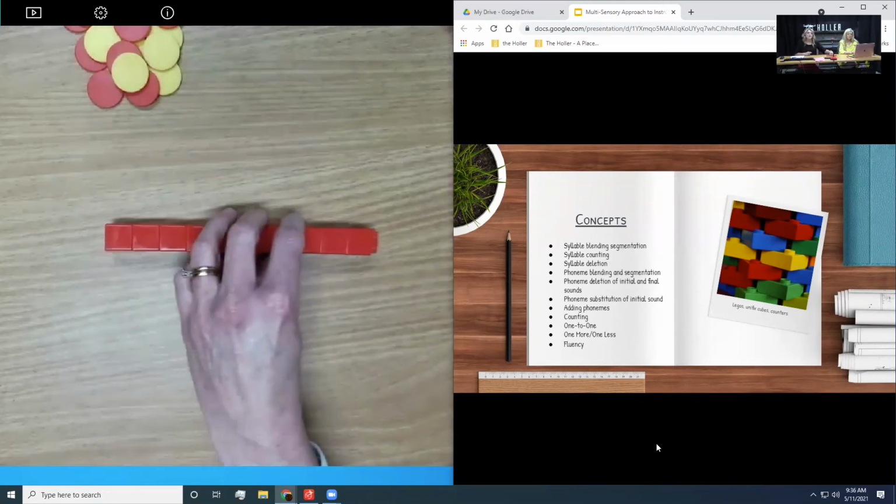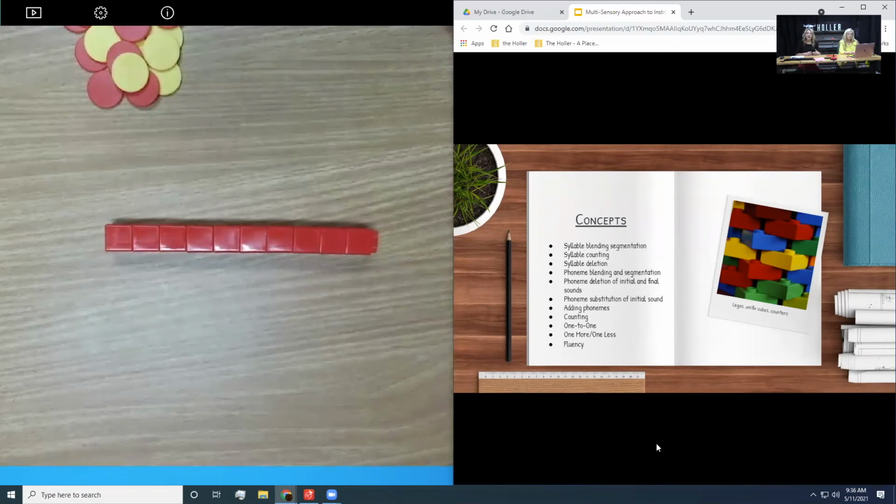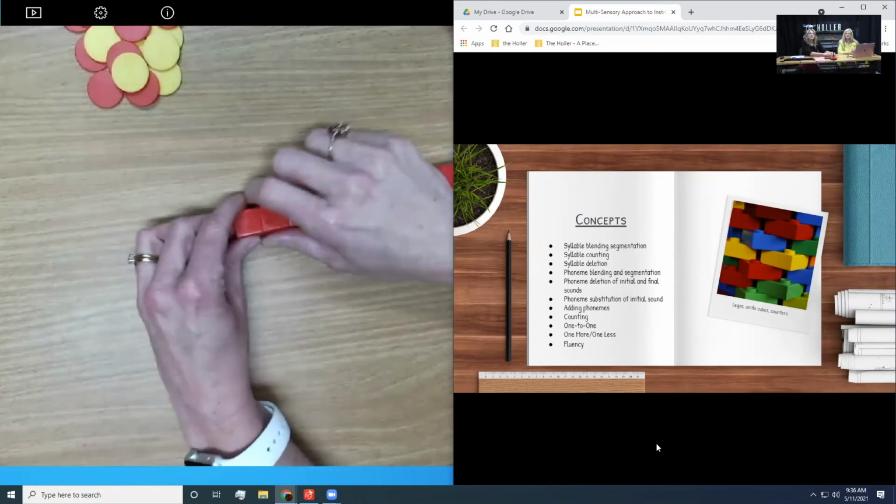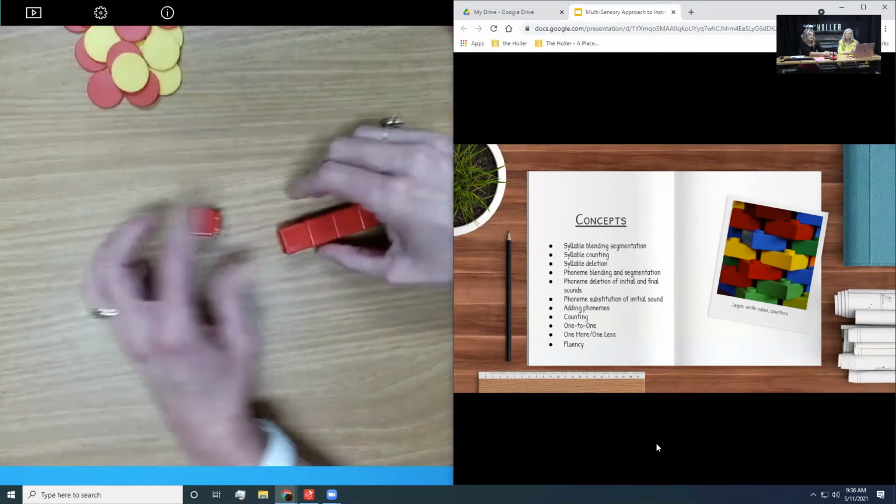So you give them a row and say, I'm going to give you the word pineapple. Take the cubes that you need, separate pineapple into syllables, and tell me how many syllables you have. So now we are actually combining the first and second concept that's on your screen. They would look at it and say, okay, pineapple.